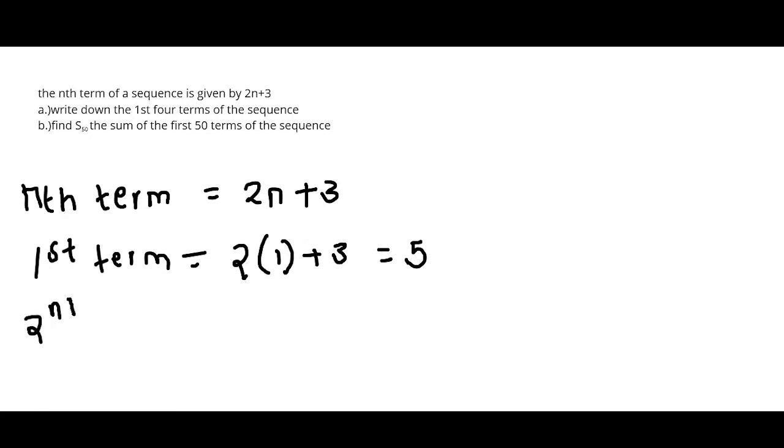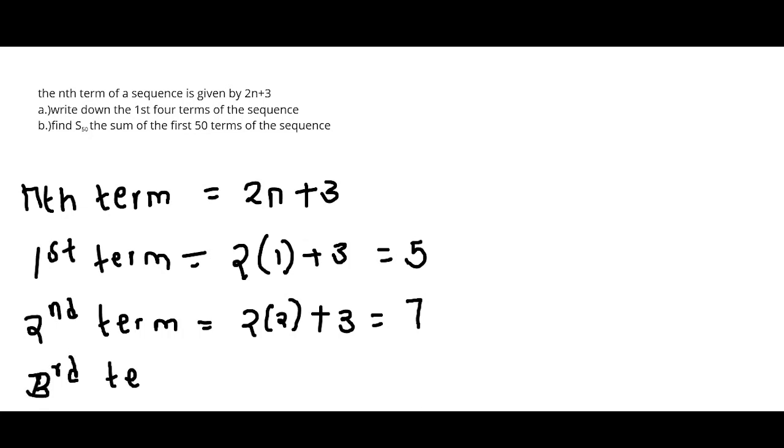Onto our second term, whereby it will be 2 into brackets 2 plus 3. 4 plus 3 is 7. Whereas the third term equals 2 into brackets 3 plus 3, which will be 6 plus 3 is 9.